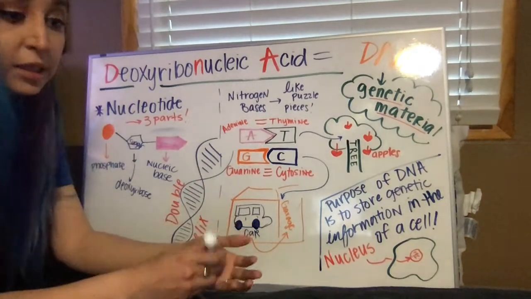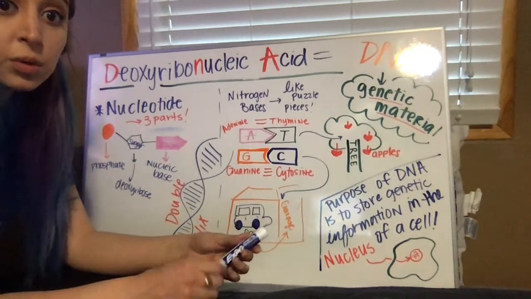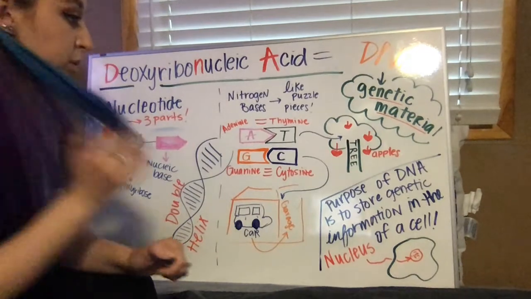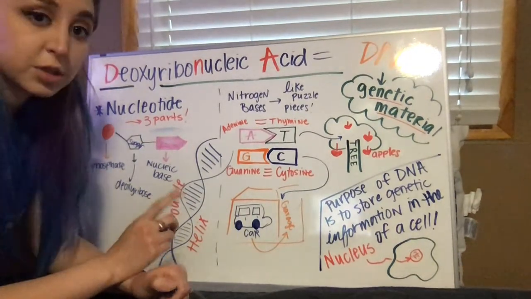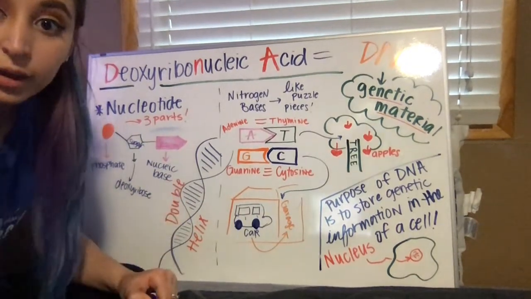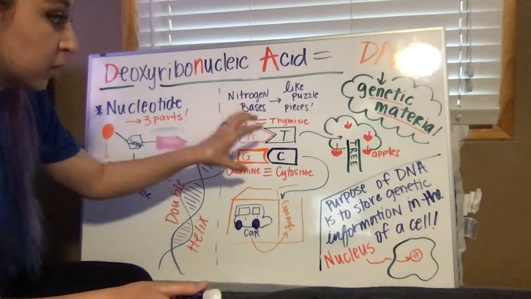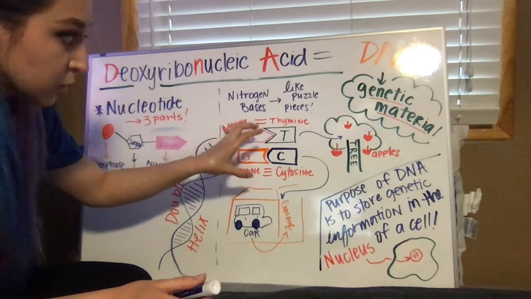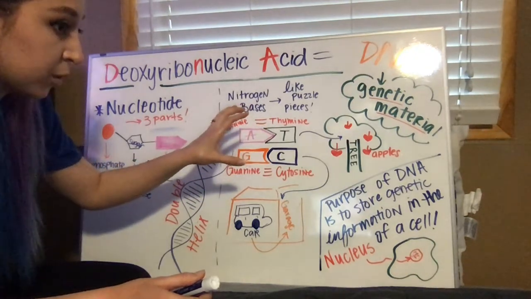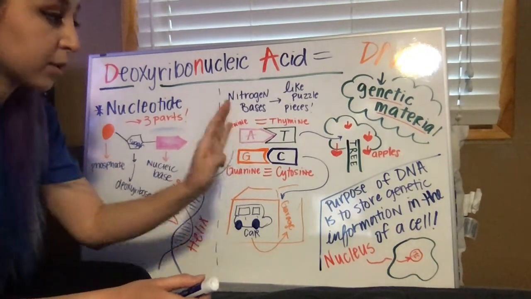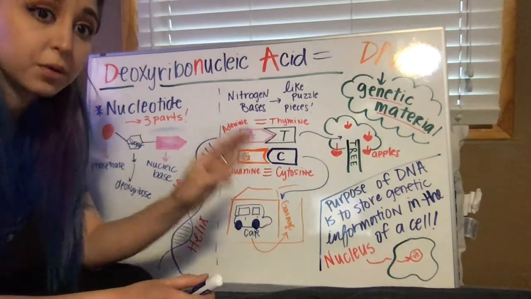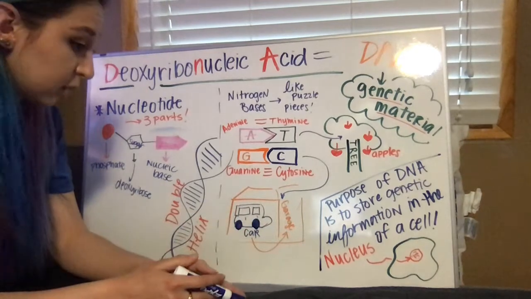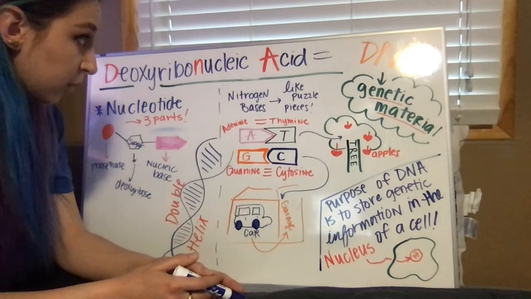In your quizzes, you will be expected to give me a strand of that, and we will do that in a second. Basically, these will code specifically for different traits. So if we wanted to code for brown hair, that order of bases will be different from, say, blonde hair, or any other trait that you would want to code.